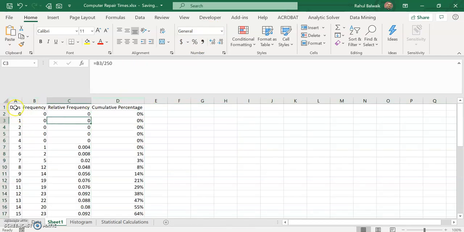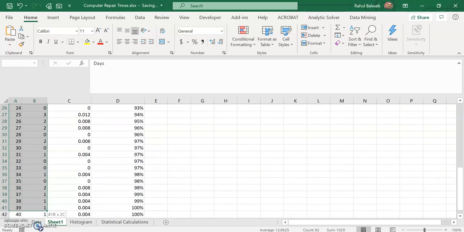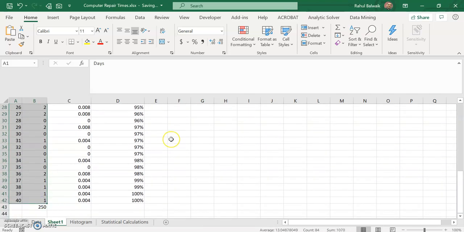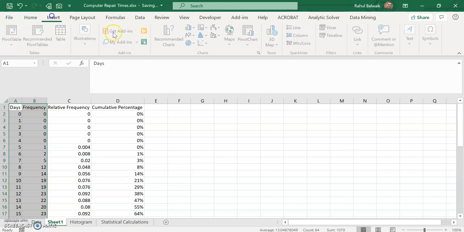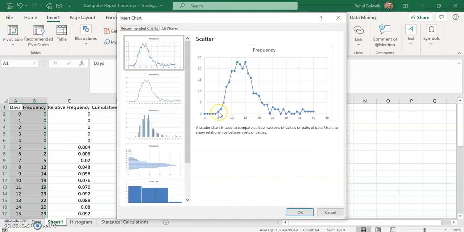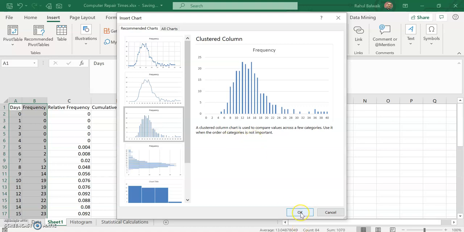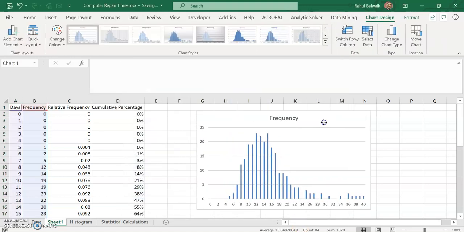Now we are just doing this so that we see that the measures of location are not the parameters to always give you a reasonable solution. Okay, so let's plot this. So this is the frequency plot.